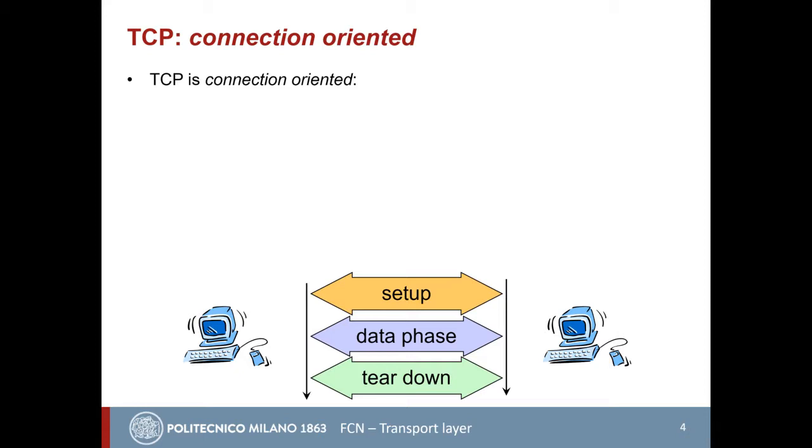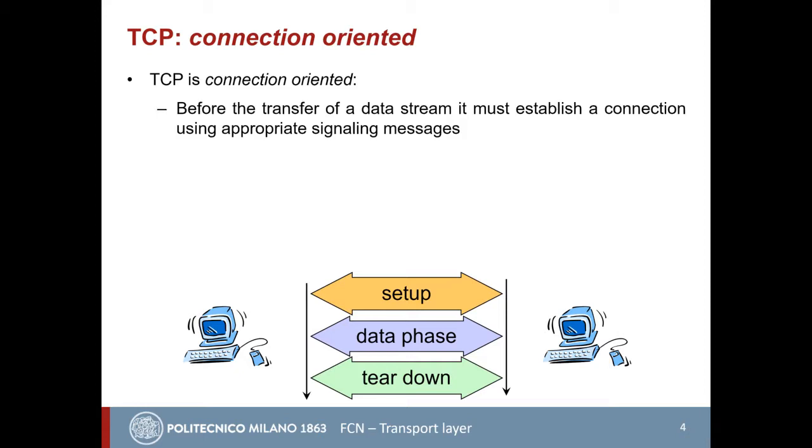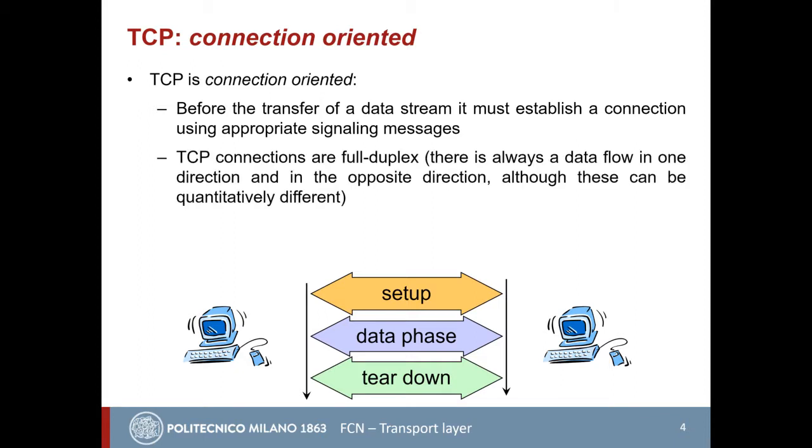TCP is connection oriented, so we need the setup phase, data phase, and the tear down phase. Before sending data, we must establish the connection. The connections are always full duplex, so you are in the situation as we have depicted just before. Data are sent from A to B and from B to A as well.